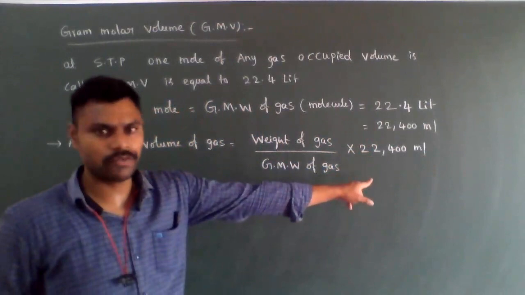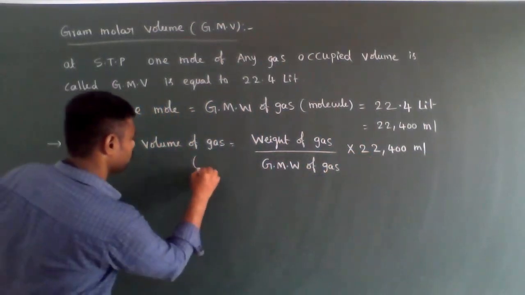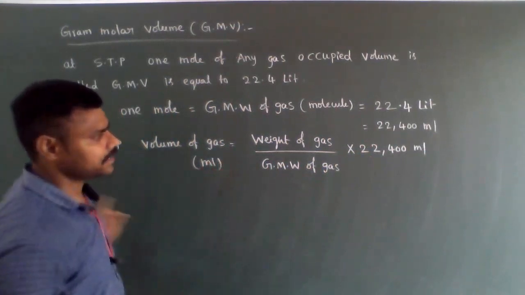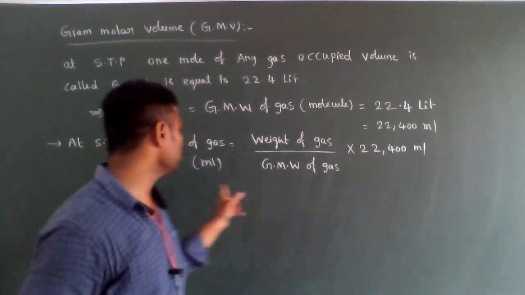If you write 22,400 ml, the volume is in ml; otherwise you multiply with 22.4 liters, meaning the volume is in liters.